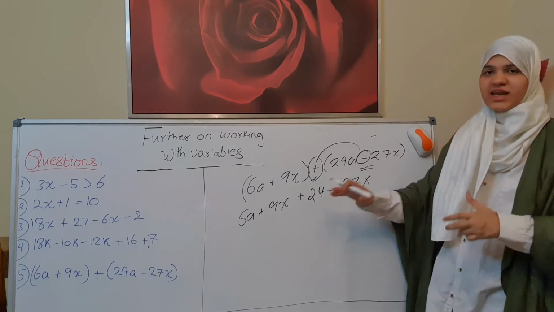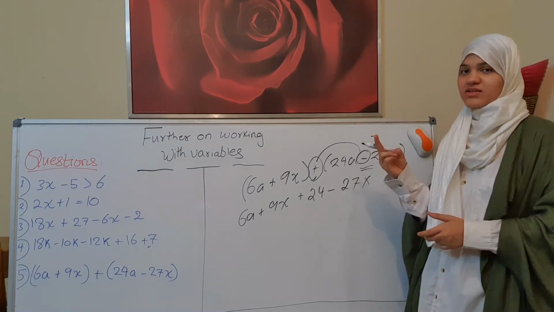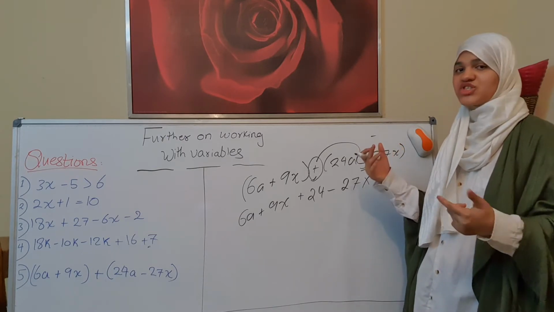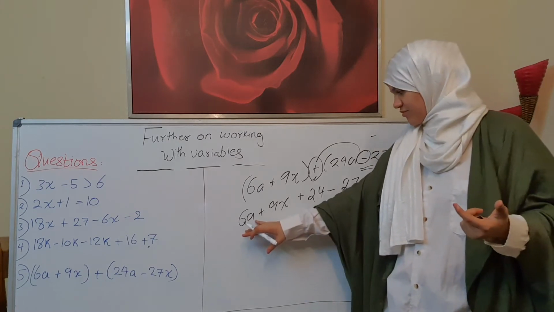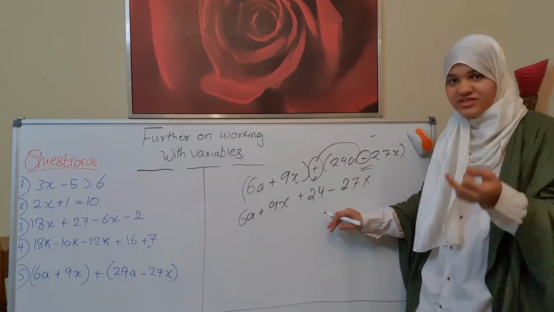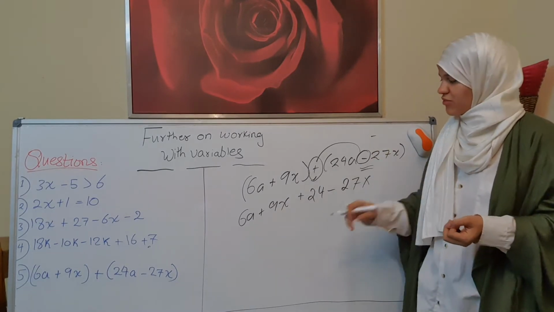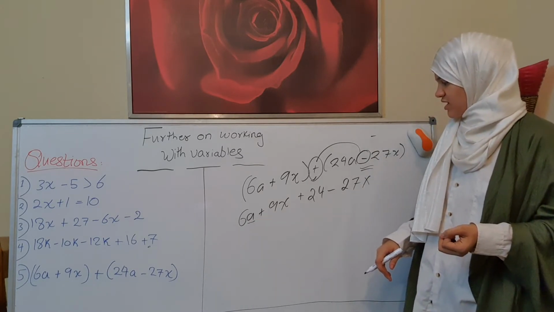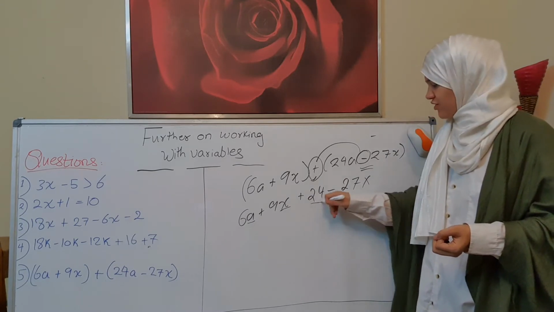Now we will collect the like terms. What we have here, two like terms. The one which is numbers without variables and another one which has a variable. Now 6a, 9x and 24 and 27. Actually we have three variables, sorry. We have three variables, not two variables. Because what we have here, a. And what we have here, x. And here 24.